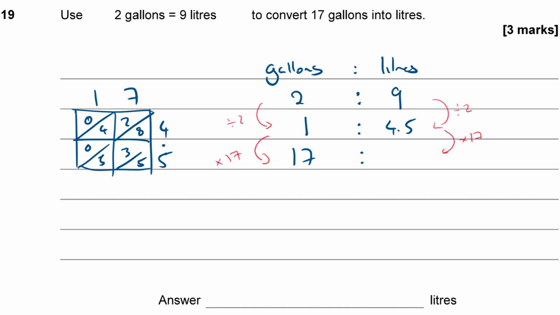Adding up along the diagonals. 5, 8, 3, and 5 make 16. Carry 1, so 2, 4, and 1 makes 7. So that comes out to be 765. But I had a decimal point there, so I'm going to have a decimal point here. So that comes out to be 76.5.